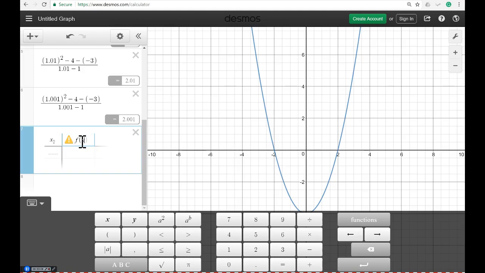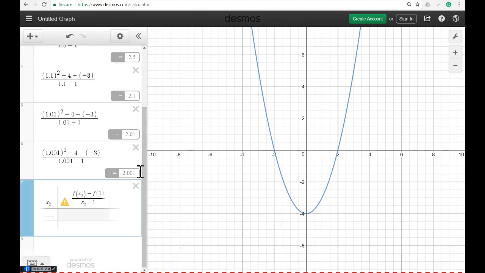To do the subscript, you can just type 2, and it reads your mind and knows you want a subscript. You can also use the subscript button, but you don't have to. Minus f of 1. Now I want to take that whole thing and divide by x2 minus 1.